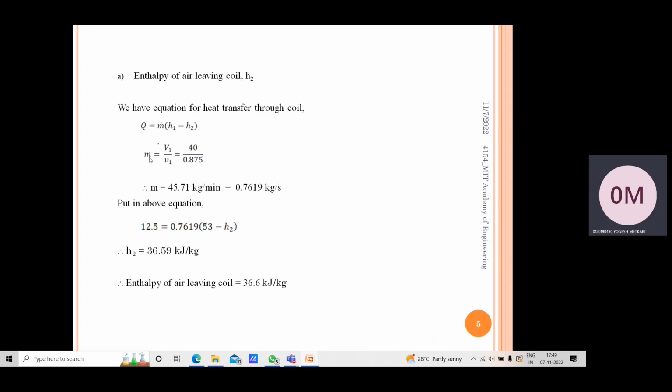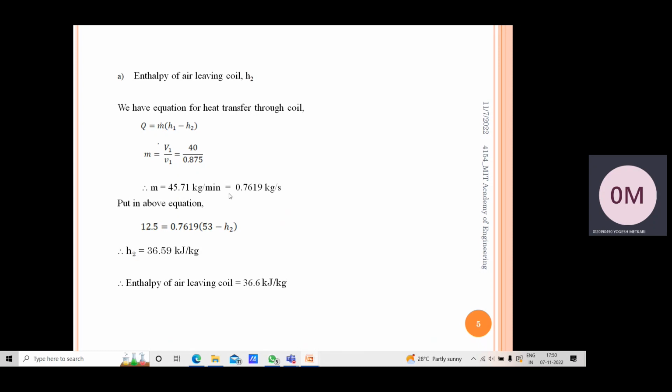So here we have to find the mass flow rate. We have volumetric flow rate and specific volume, so we can easily calculate the mass flow rate, which comes around 45.7 kg per minute. We convert it into kg per second, which is 0.7619 kg per second.